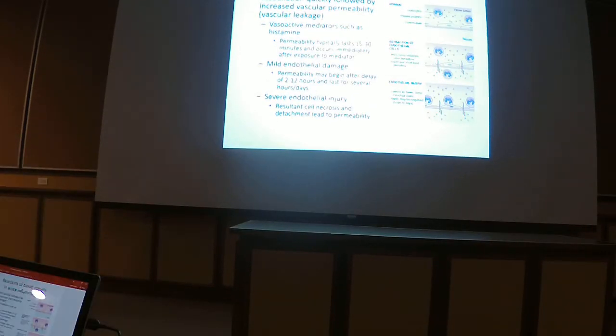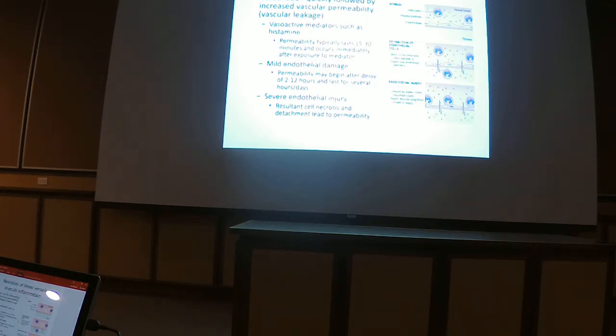Proteins and leukocytes, for example. There are a few different causes of vascular leakage. Vasoactive mediators such as histamine. Histamine causes vascular permeability and leakage. That's why type 1 hypersensitivity reactions, allergic reactions result in hives. You have localized leakage, all the stuff comes out of a vessel, and then boom, you have a hive.